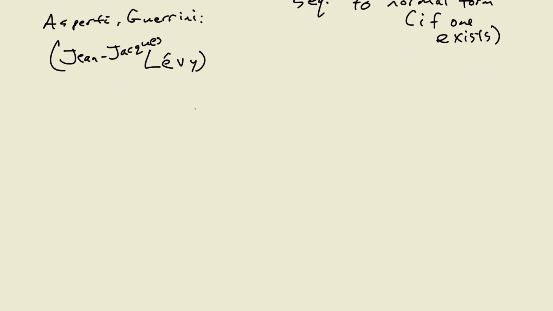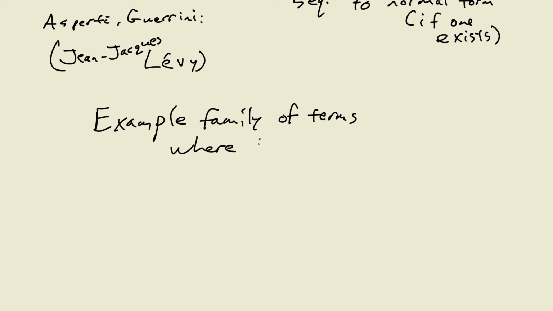Okay, so the example family of terms where in different terms in the family, different reduction strategies are preferable.